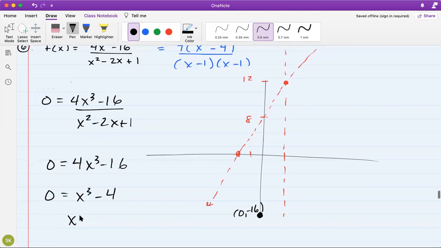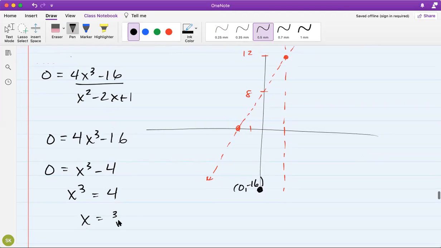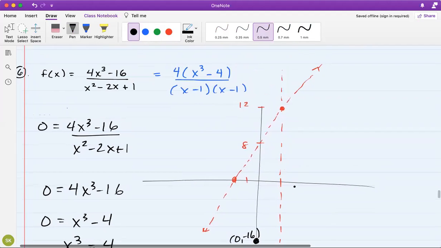And we're going to do what we did last time: x cubed is equal to 4, so x is equal to the cubic root of 4. Let's put that in the calculator just to get an idea of what that is. 4 raised to the 1/3 is about 1.6. So I'm going to put a dot. This is 1, so 1.6 is over here.